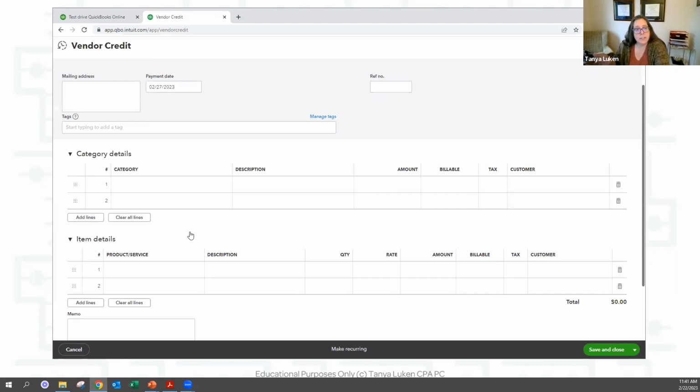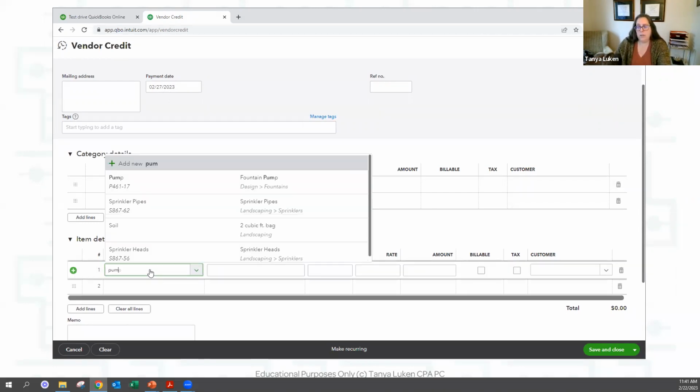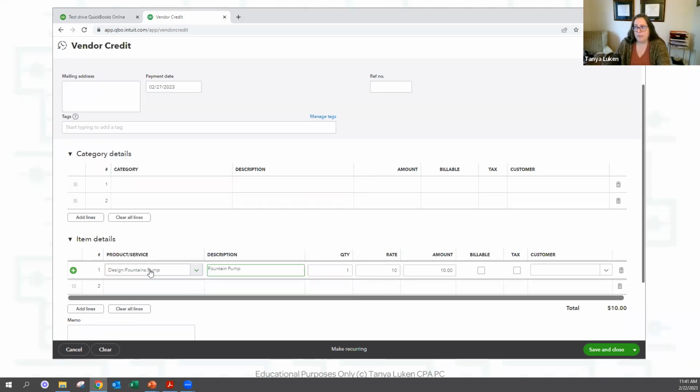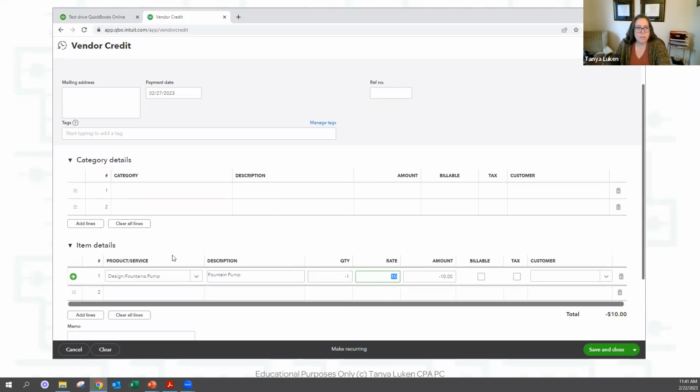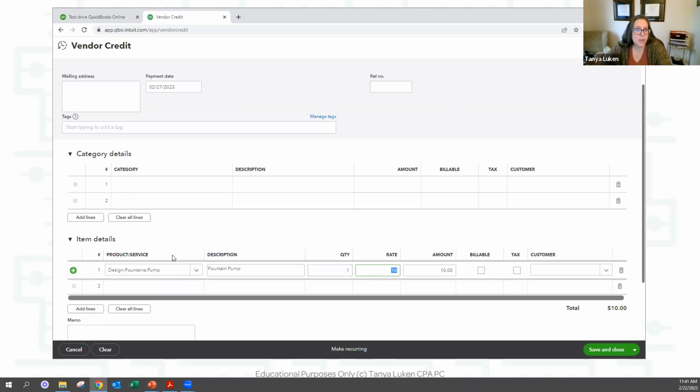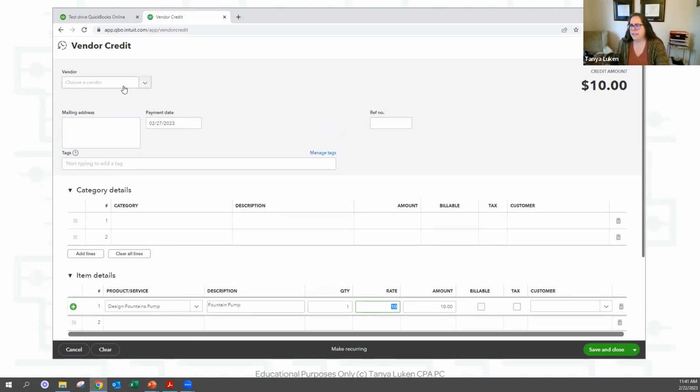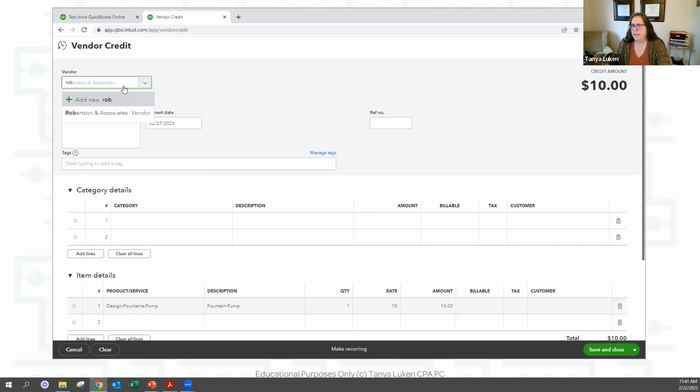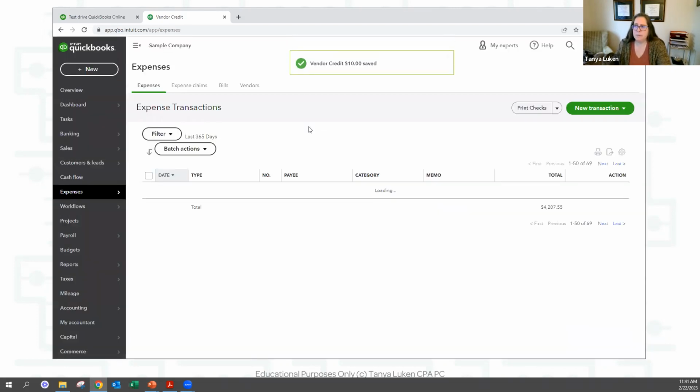When you're doing a vendor credit or a credit card credit, because it says credit here, QuickBooks already knows it's a negative number. So you would just put in that you returned a pump, for example. You don't put in -1, you just put in 1. Because it's a credit, it's already there. And I know this sounds crazy, but I'm going to pick the accounting company, returning a pump to the accounting company, because I remembered that they had an open bill.